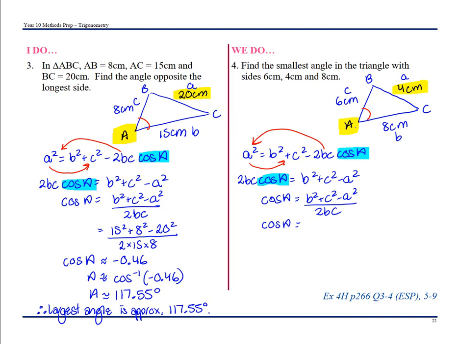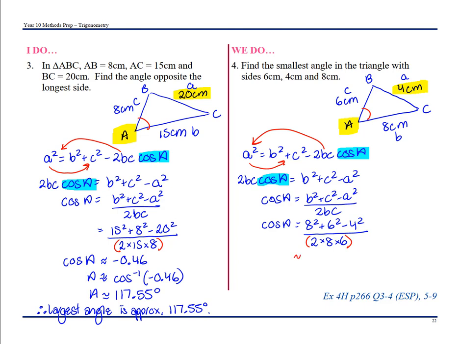Cos of A equals b squared, which is 8 squared, plus c is 6 squared, minus a is 4 squared, all over 2 times 8 times 6. Again, when you go to your calculator, make sure, and I didn't point this out with the first one, that you put brackets around that denominator. So you're dividing by all of that.